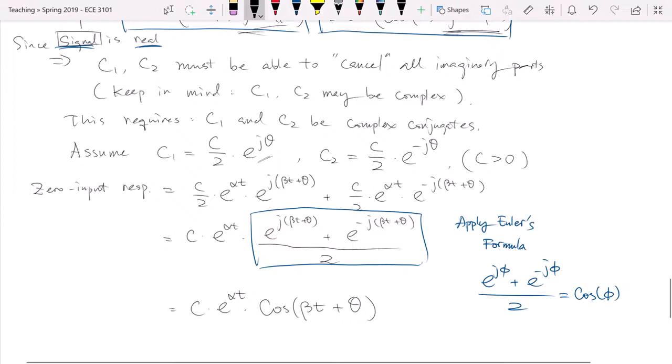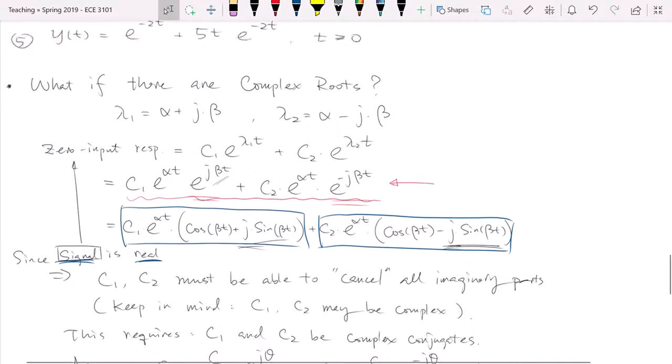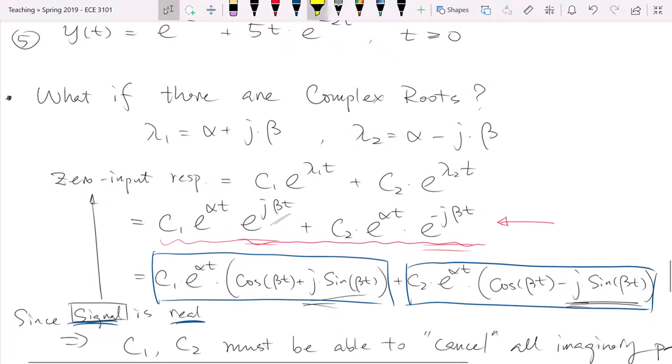Now, always keep in mind we're talking about the zero input response, right? At the beginning, we utilized the material that we have discussed earlier. We said, well, they have to take this exponential form. And we know how to calculate C1, C2 before we apply the initial conditions. But since now you'll be dealing with these complex signals, it may not be that straightforward.